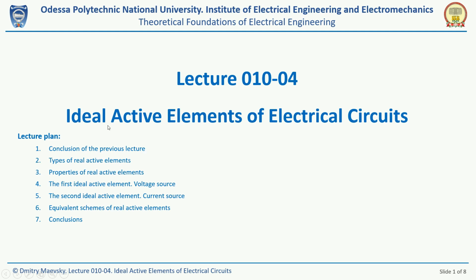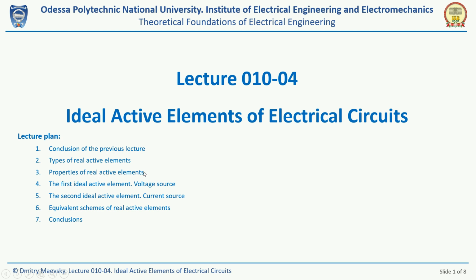We continue to study the theory of electrical engineering. In this lecture, we will get acquainted with the ideal active elements of electrical circuits. At the beginning of the lecture, we will talk about what real active elements are and define the properties of these real elements.